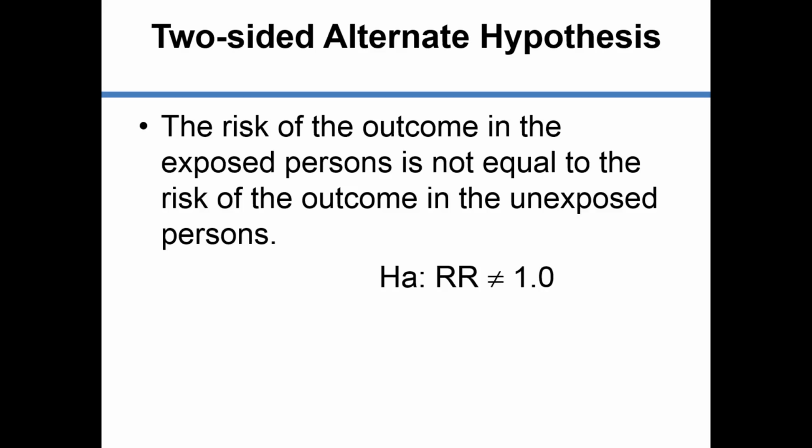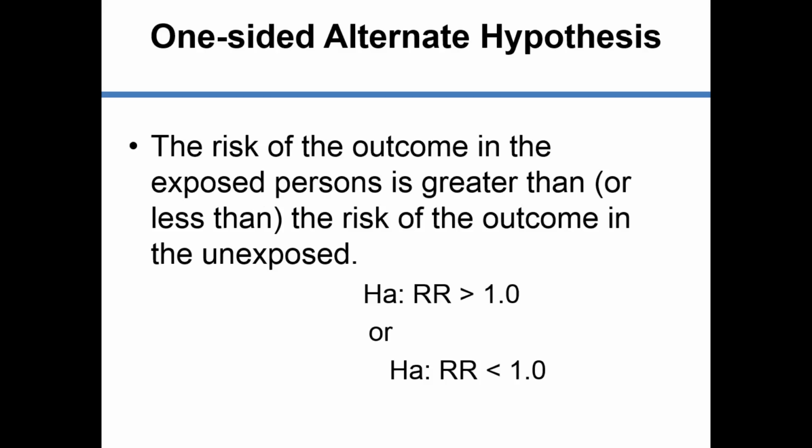Could be higher, could be lower. Now you might think, well, what about smoking? Can I just look at this as a one-sided? Well, actually, smoking reduces the risk of endometrial cancer. It increases the risk of other cancers. So in general, a two-sided hypothesis is what you're seeing as an alternate hypothesis. It's not equal to 1. Next slide, please.